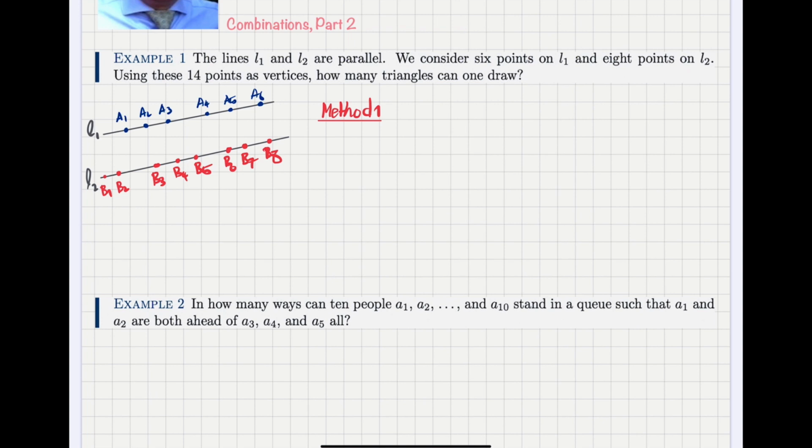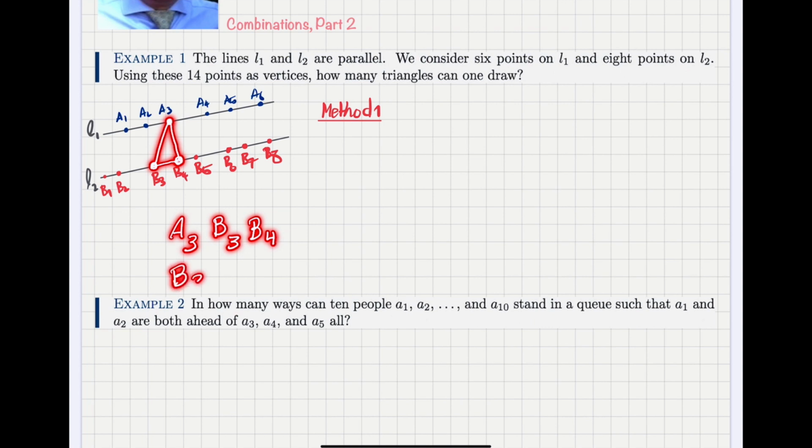To answer this, you need to convince yourself in this way. For example, I choose 1 point from the blue ones and then 2 points from the red ones, and that is it. I don't face permutation because I don't care how I order the vertices. This triangle is the triangle you see in the picture.